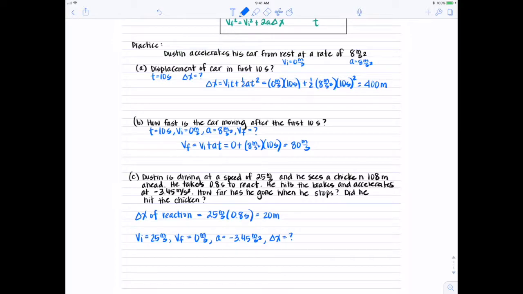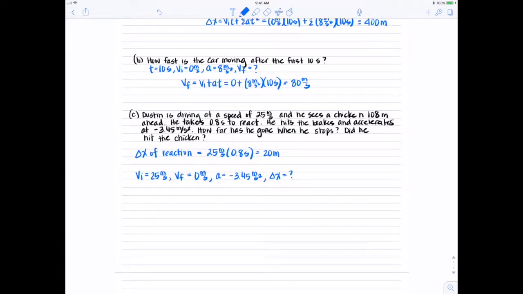Okay, so we want to use the last equation here. So we'll use Vf squared equals Vi squared plus 2a delta x, where we're solving for delta x. Delta x equals Vf squared minus Vi squared divided by 2a. Vf squared is 0. Vi squared is 25 squared. So 625.